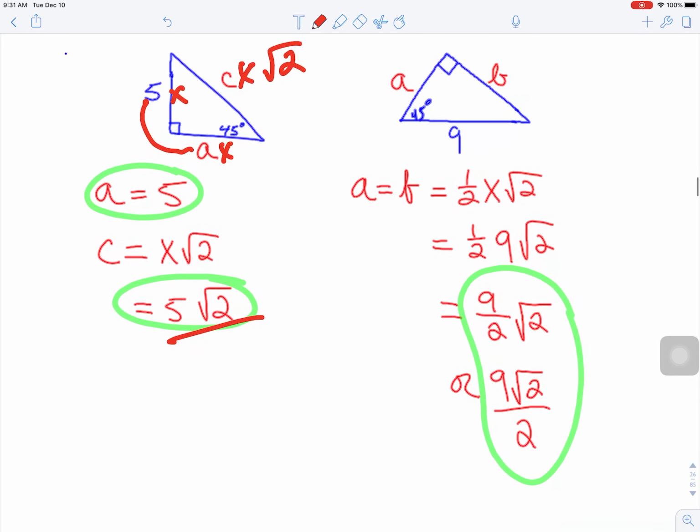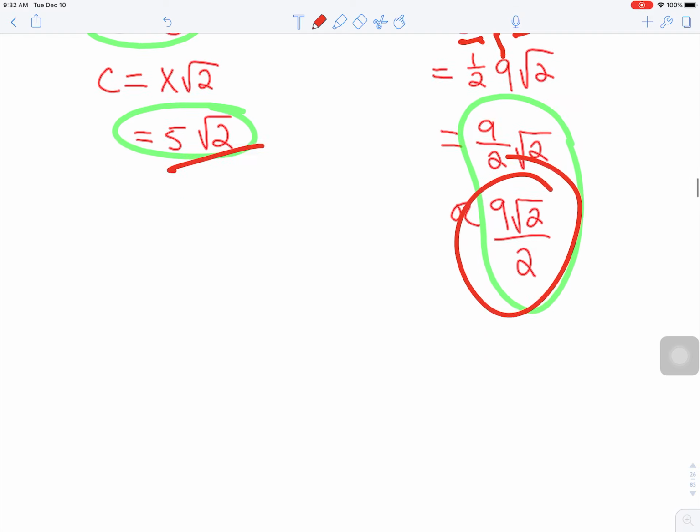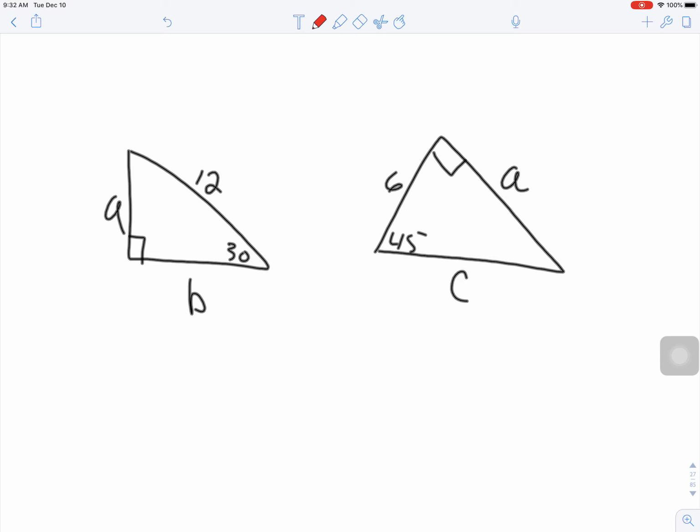A little trickier over here: if I know the hypotenuse, then the legs are half of that times the square root of 2. So x was 9. So 9 over 2 times the square root of 2. That's the length of the two legs. 9 square root of 2 over 2. And just leave it like that. That's fine.